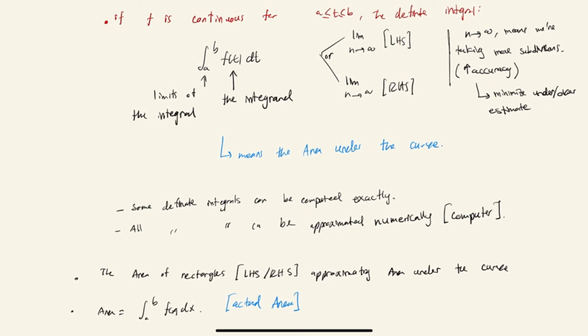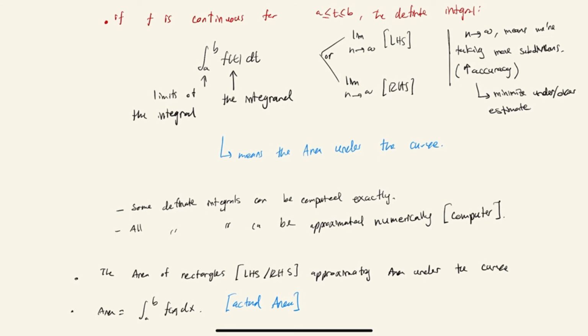Remember, n is the number of subdivisions, so when n is large, meaning we will have so many rectangles going from a to b, that means we are increasing the accuracy of our estimations, since from the previous slide, you can notice that we minimize the missing area or the extra areas.